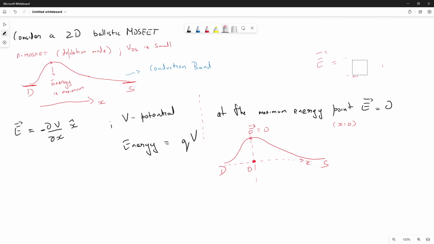Now this is important. So this is the 0 point, and let me make the axis marking clearer. I'm calling this the x axis.